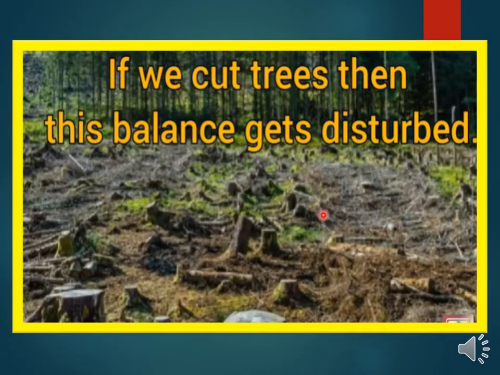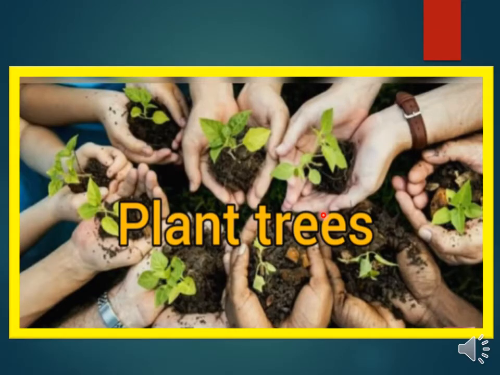So you see children, if we cut trees, then this balance of oxygen in the atmosphere gets disturbed. So children, to maintain this balance, we must plant trees. How important it is to plant trees to maintain the balance of oxygen in the atmosphere.